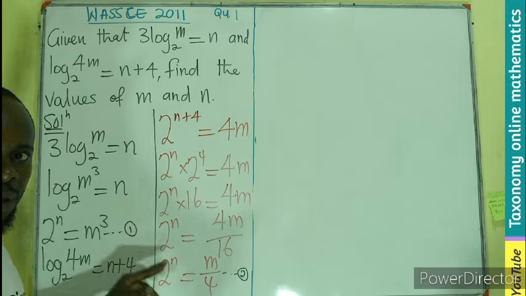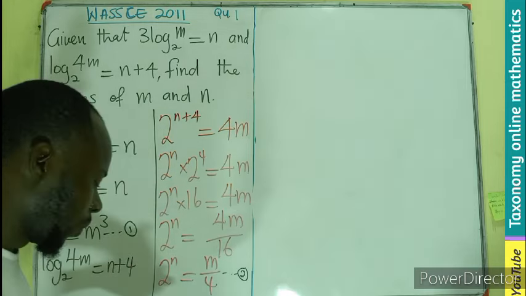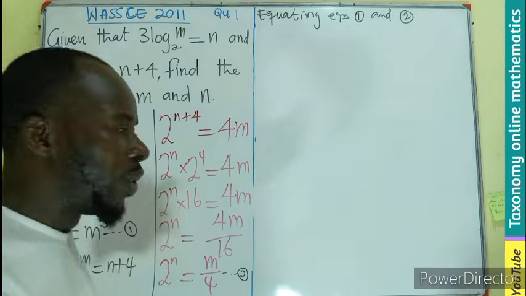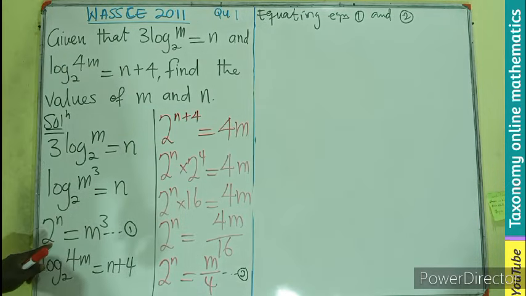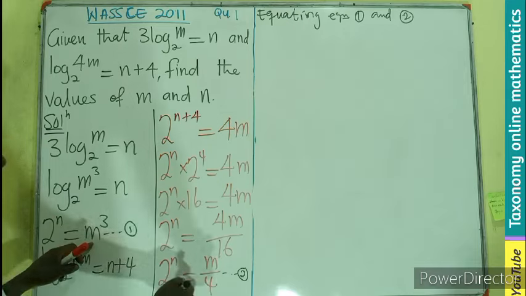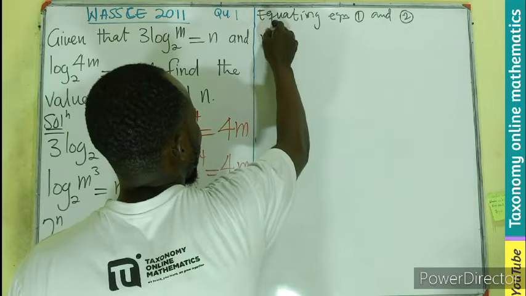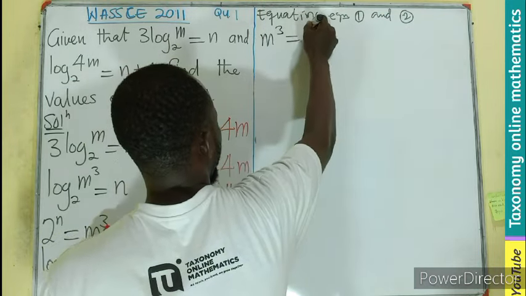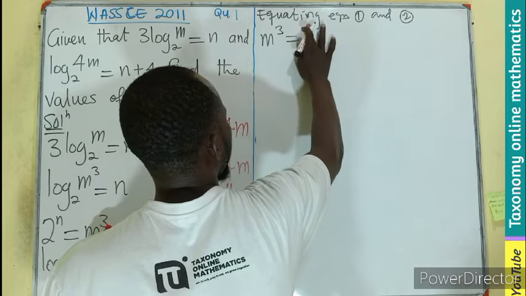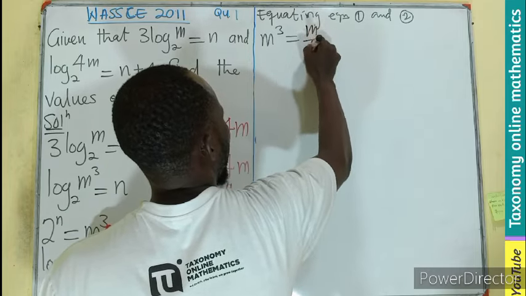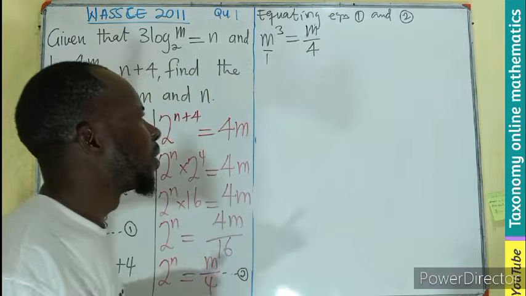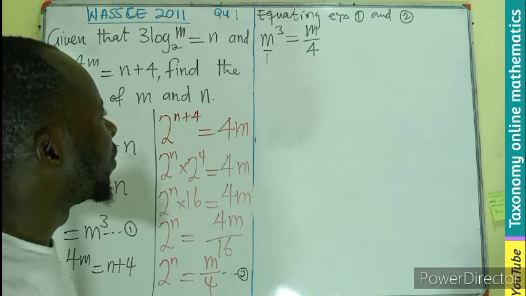We can equate equation 1 and 2. Equating equation 1 and 2 simply means that whenever I see 2 exponent n, I write that this is the same as this. So we have m exponent 3 equals m divided by 4.